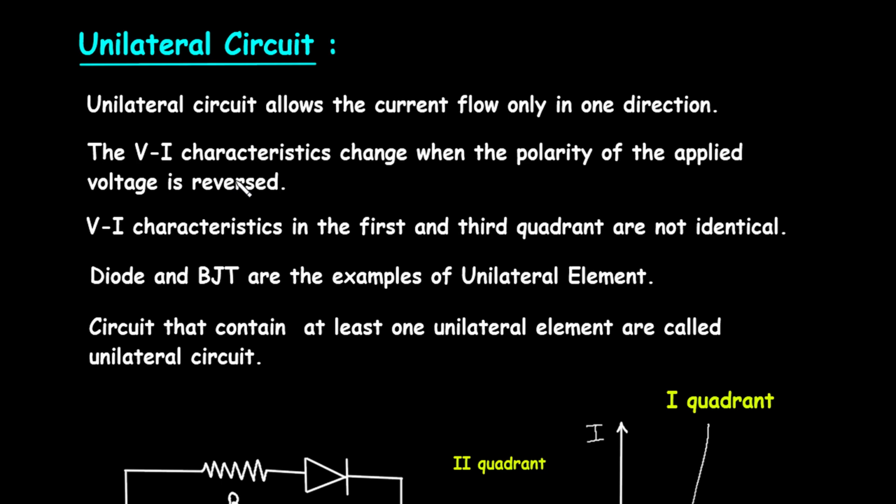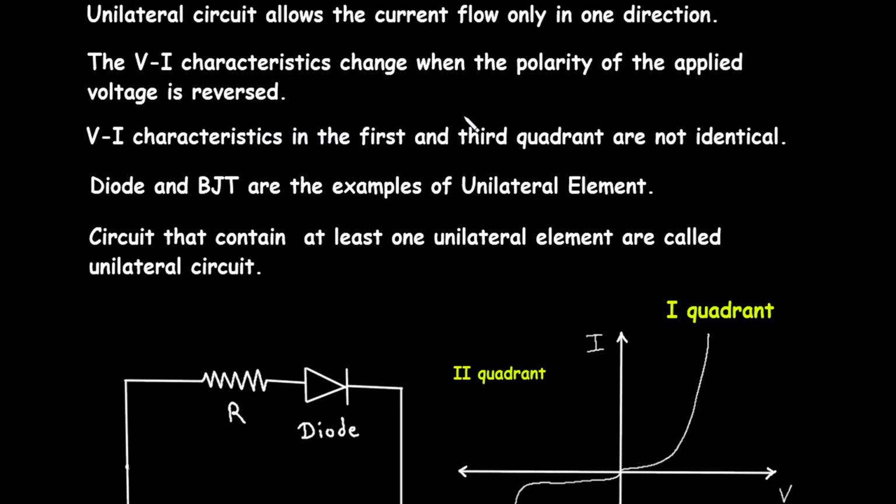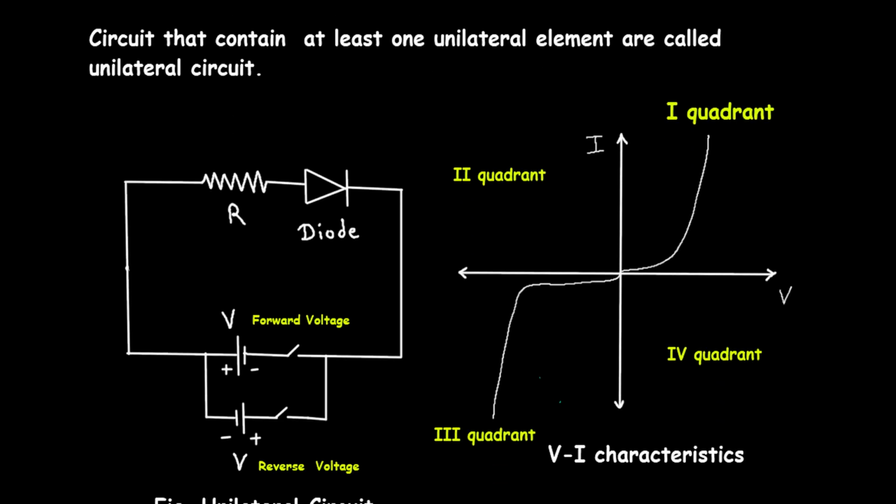So remember that its VI characteristic changes when we change the polarity of voltage. VI characteristics in the first and third quadrant are not identical. Here we can see this is first quadrant and this is third quadrant. So these characteristics are not identical.